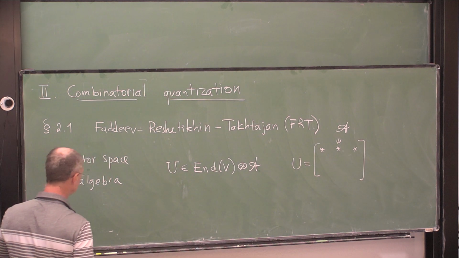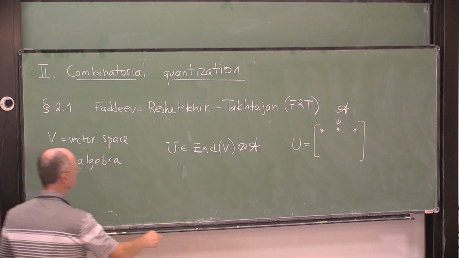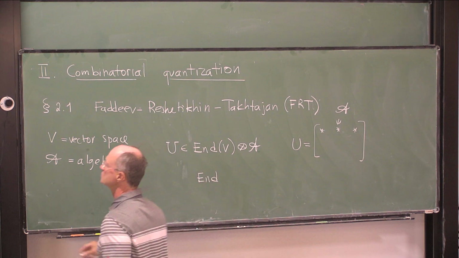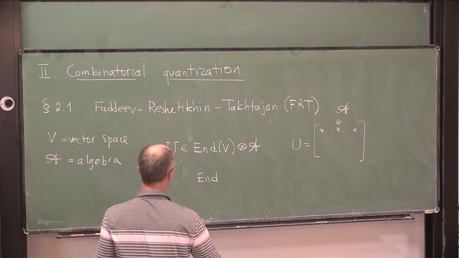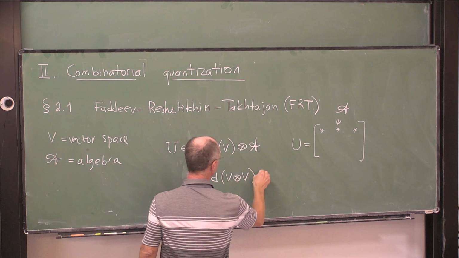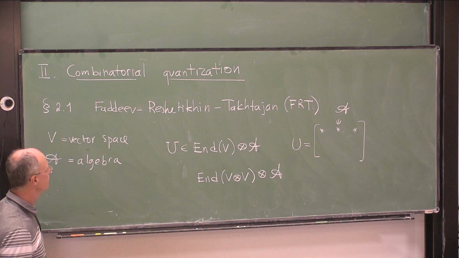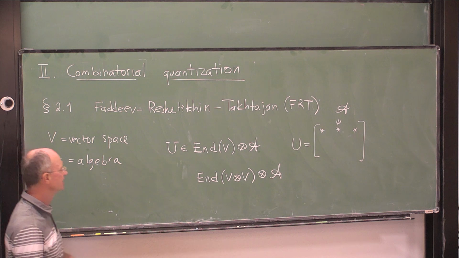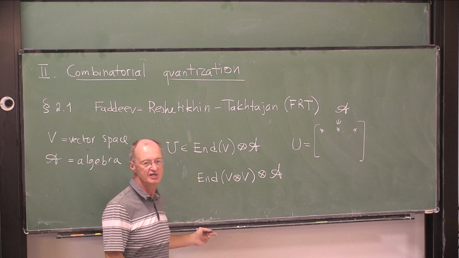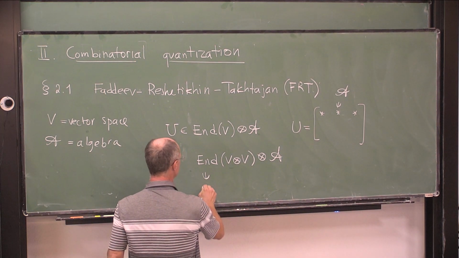So, in particular, suppose you have two copies. That's a little bit similar to the story of the classical Yang-Baxter equation that we had before. Suppose that now you have two copies of V, and we take a tensor product of them, and we have endomorphisms, and we still tensor with A. So here we can define the following objects.